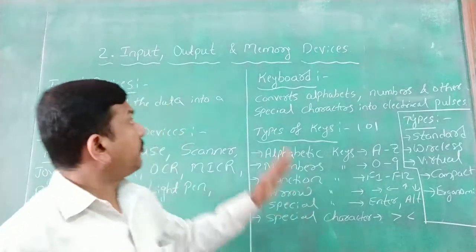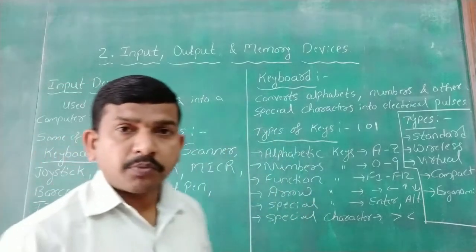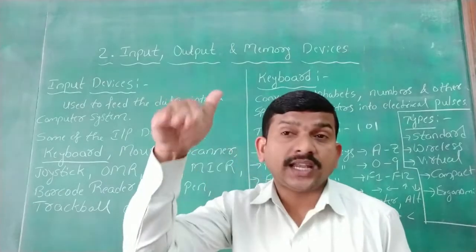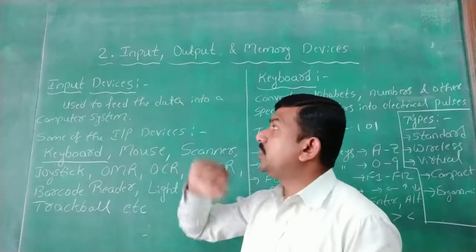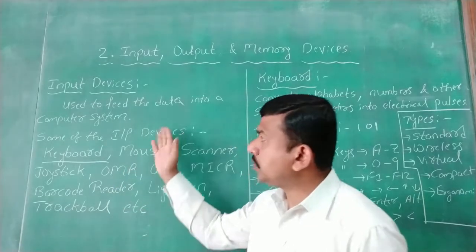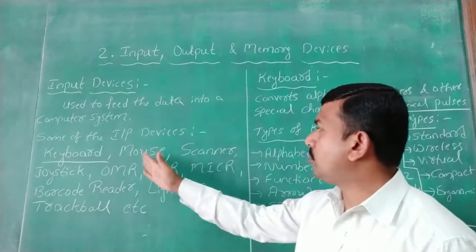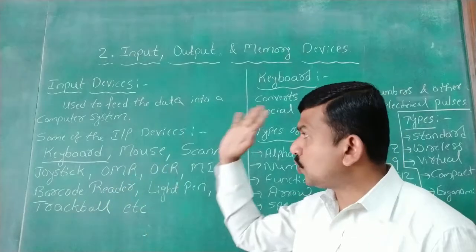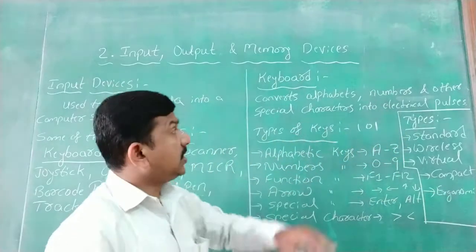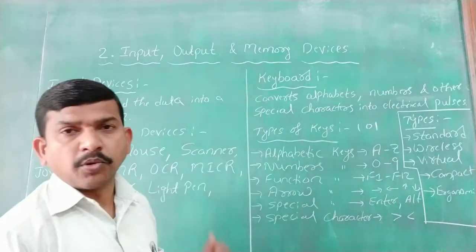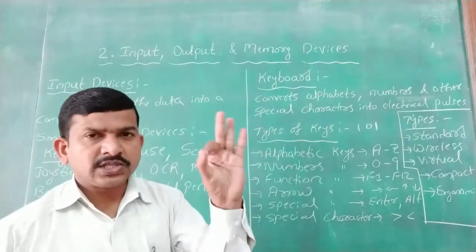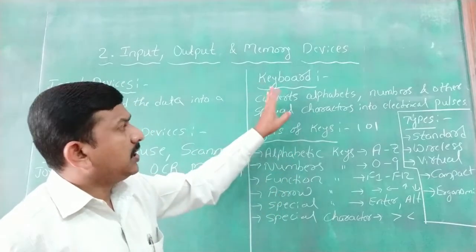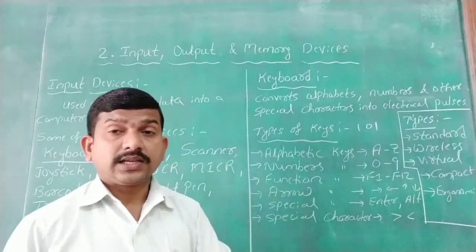Is it clear? So first we started with what you mean by input device. Why are we using an input device? To feed data into the computer system. Some input devices I mentioned: keyboard, mouse, scanner, joystick, barcode reader, light pen, trackball. There are so many input devices. The first we discussed here is the keyboard, one of the commonly used input devices.